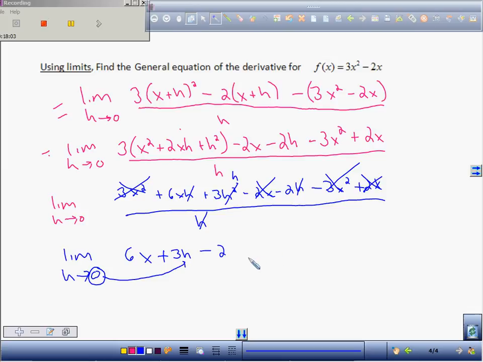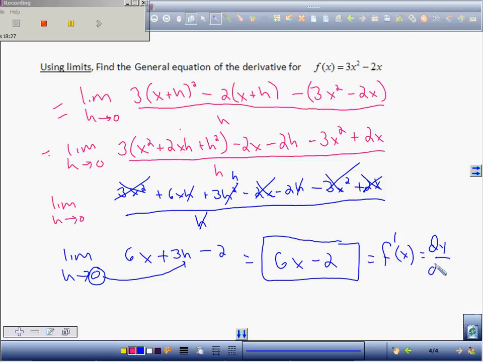And that's equal to 6x minus 2. So this is the equation of the tangent, or sorry, not the equation of the tangent. That's the equation of the derivative, which they call f prime of x, which can also be called dy dx, which is also the instantaneous rate of change.